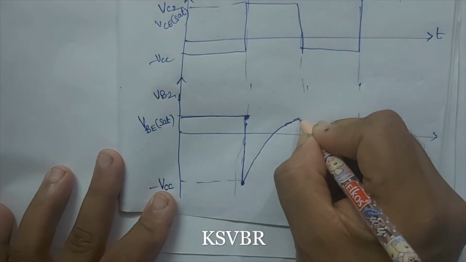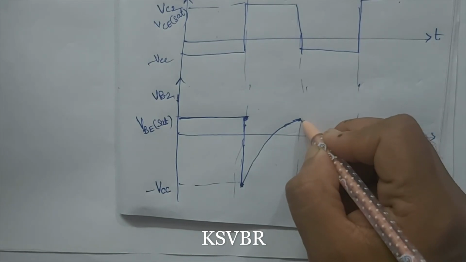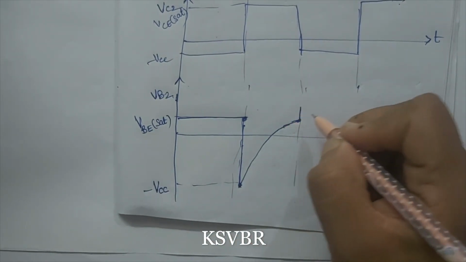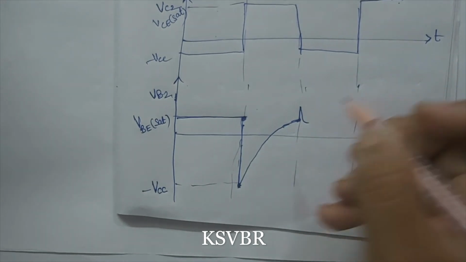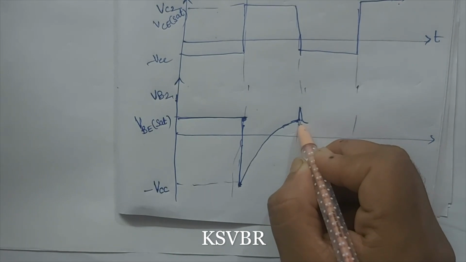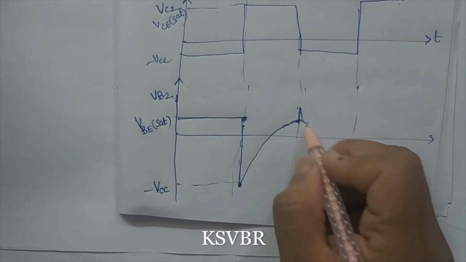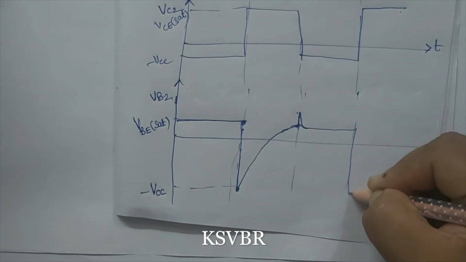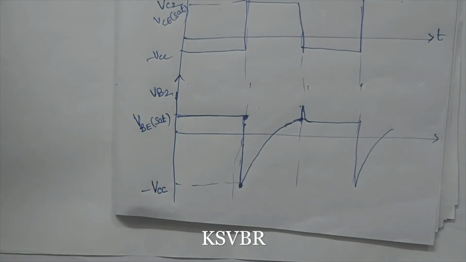After coming to this point, it rises to a level beyond VBE saturation, and then because it won't allow sudden changes, it sharpens, and then like this the waveform will come.